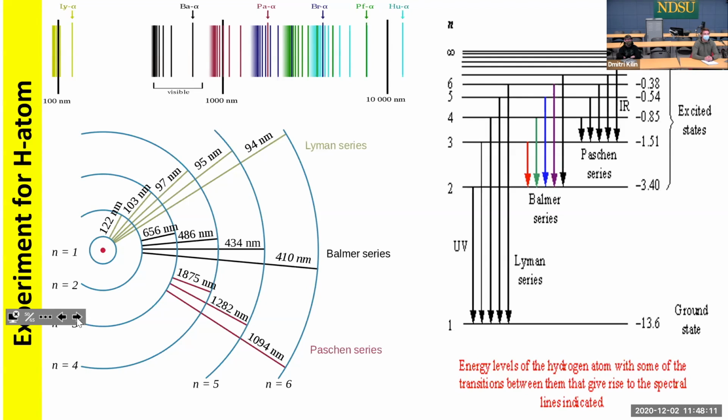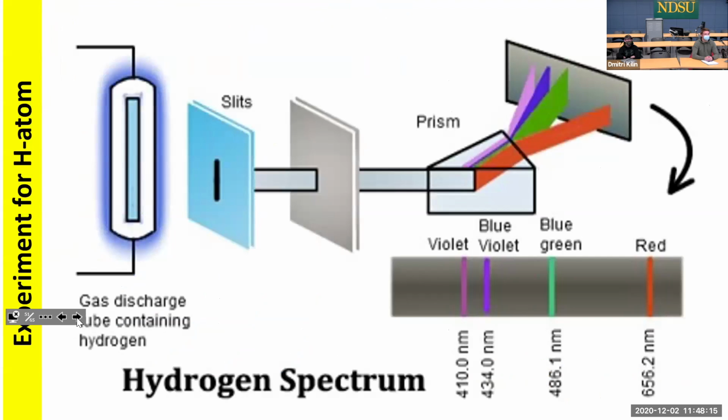And then the spectrum looks this way. Modern spectrophotometers use diffraction gratings, but obsolete ones used a glass prism. Make this discharge, slide the prism, then let's see several lines.